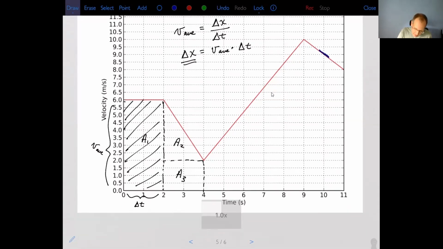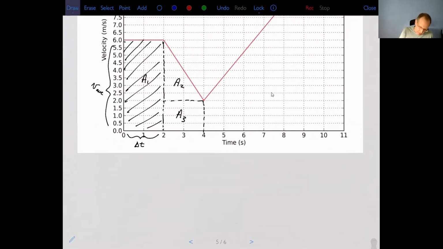So how do I find area 1? That's a nice easy shape, a rectangle. So area 1 is length times width: the velocity, which is 6, times the time, which is 2 seconds, and that's going to be 12 meters. The seconds will cancel. Meters per second times seconds is meters.